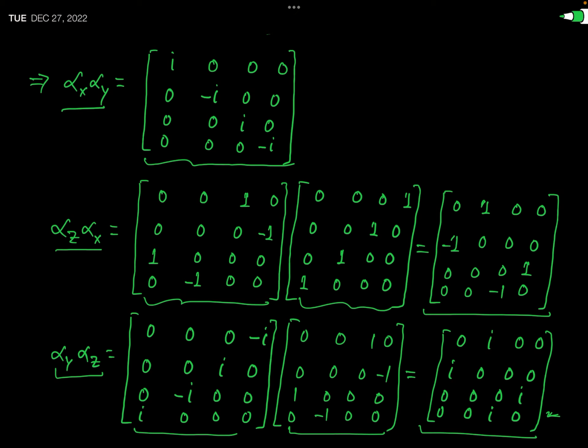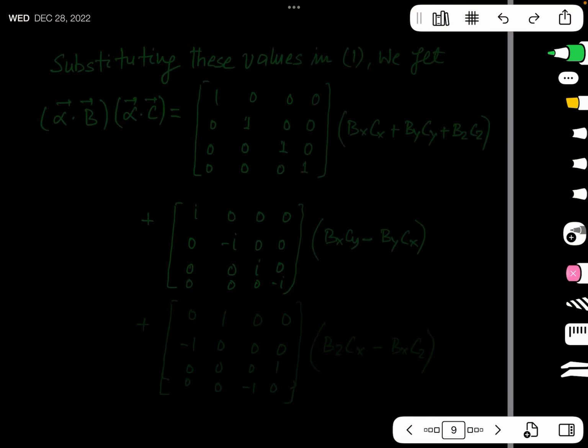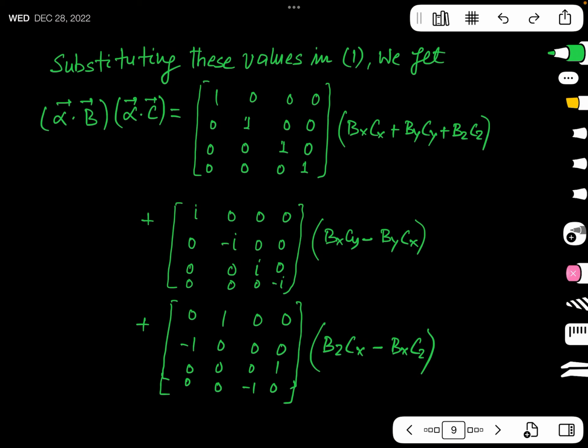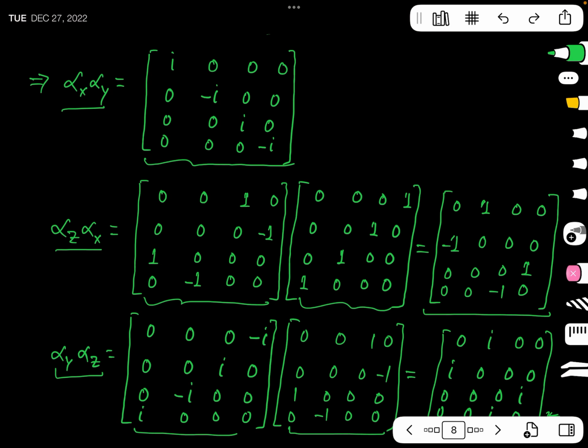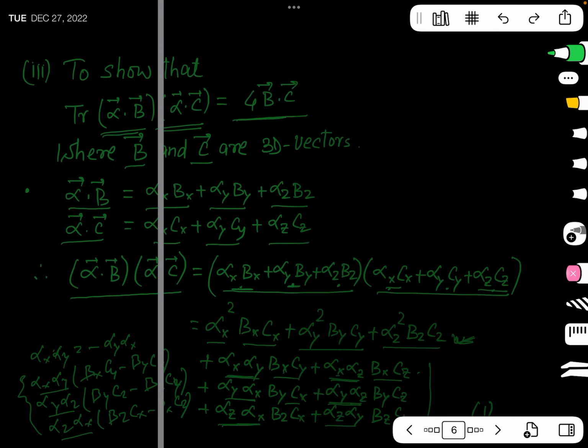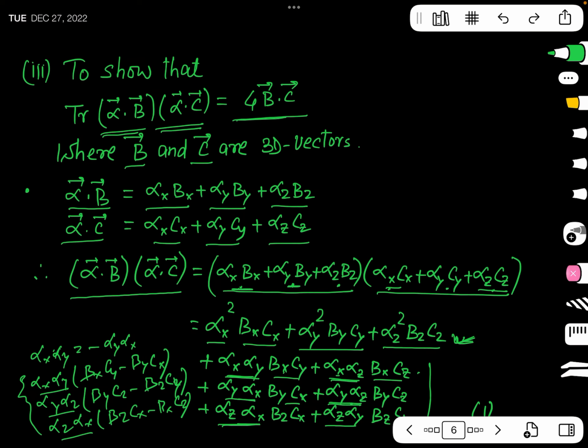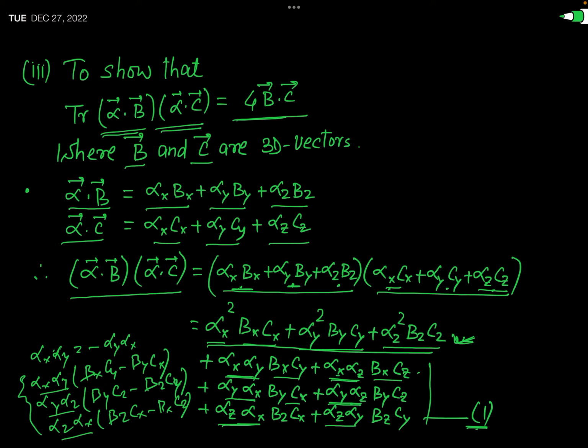Now after getting all these matrices, we will substitute all these values in equation number 1. So alpha dot b times alpha dot c will be what? The terms in the first row will be alpha x square, alpha y square, and alpha z square.